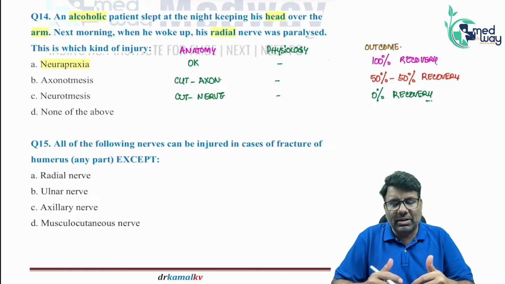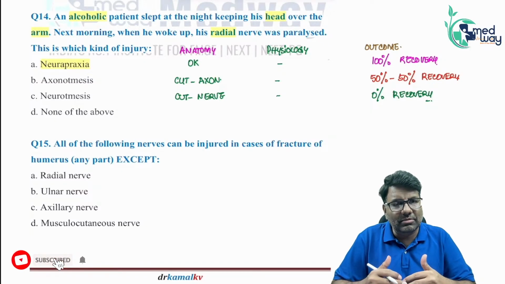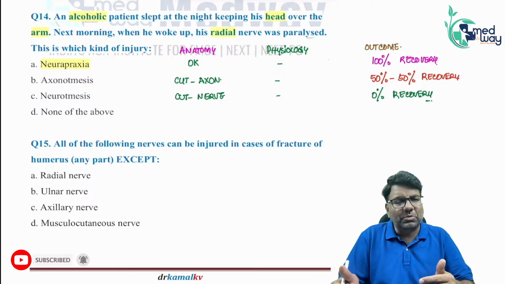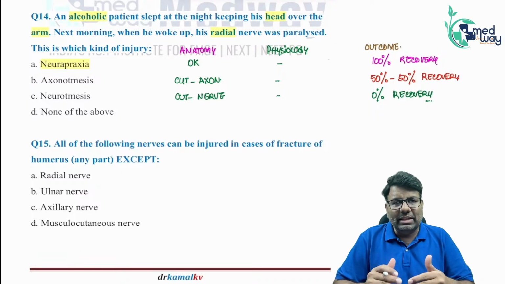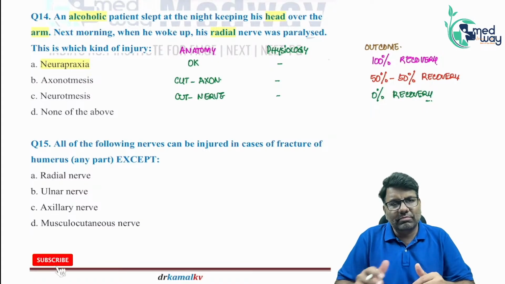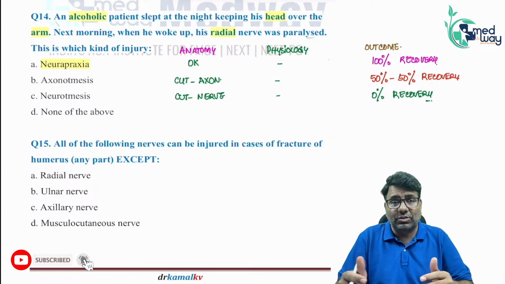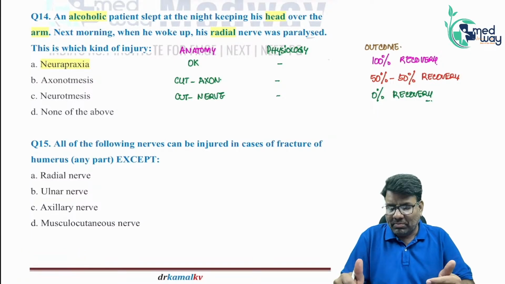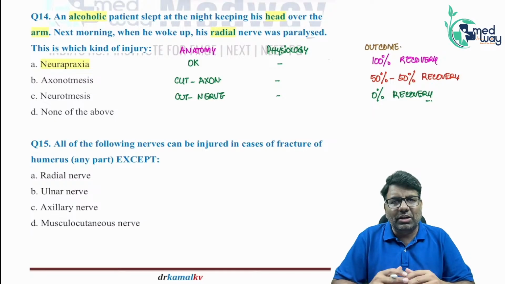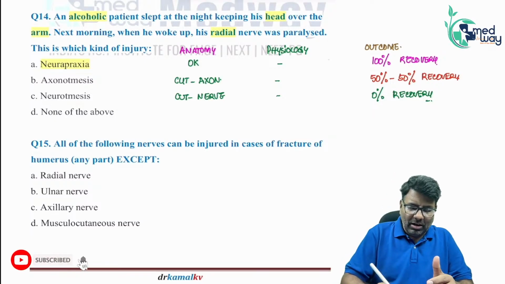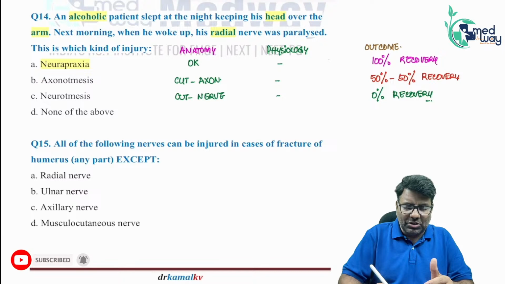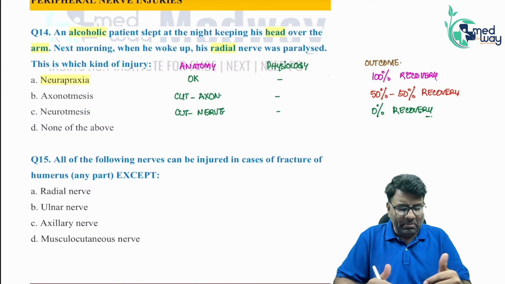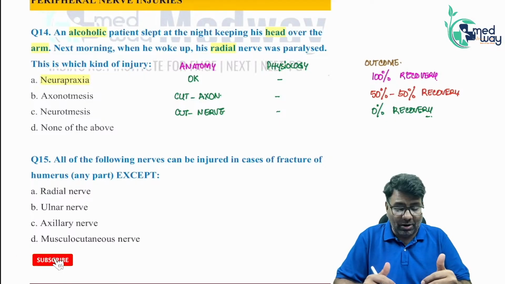If there is no structural damage, only physiological cessation of activity, eventually the nerve will recover, 100% recovery. In axonotmesis, only the axon is damaged, we have 50% chances of recovery. But in neurotmesis, since the nerve is cut into two parts, spontaneous recovery is not possible, right? So this is neuropraxia, which is very commonly seen in clinical practice, and this is one of the examples where we can say this is a neuropraxia kind of injury.